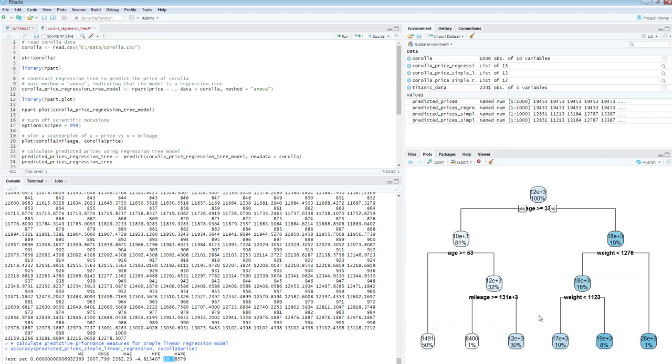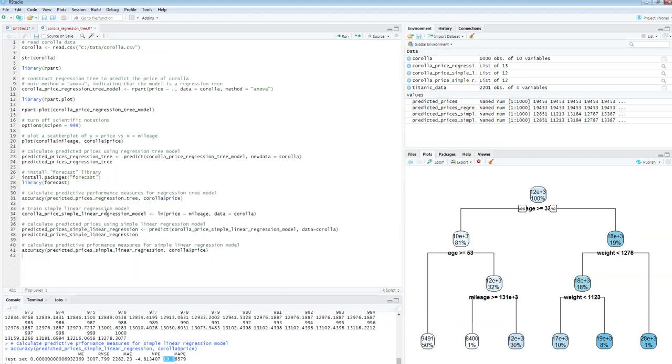Okay. All right. So how do we improve the performance of linear regression? Well, in this case, what we did was we called it simple linear regression for a reason, right? When we train the model, our model says that the price depends only on the mileage, and that's it. While we know that in actuality, price depends on a lot of different things.